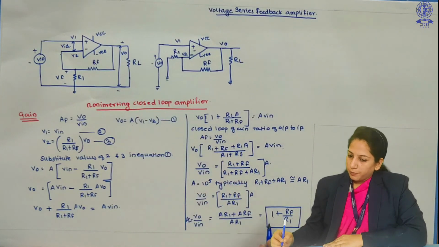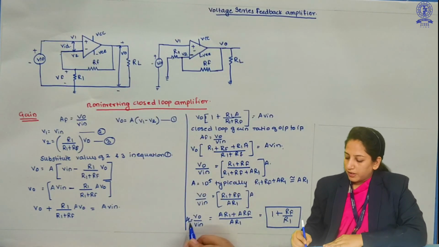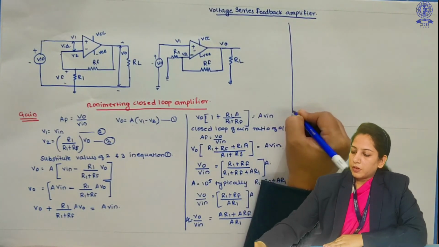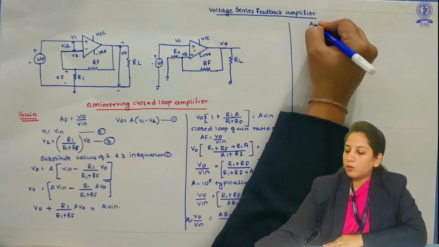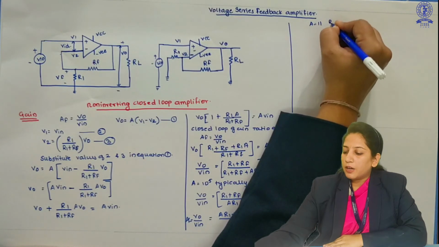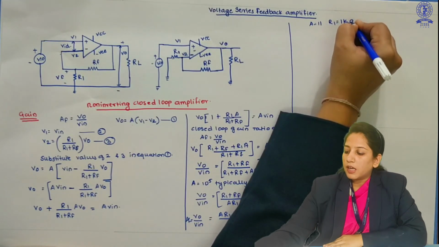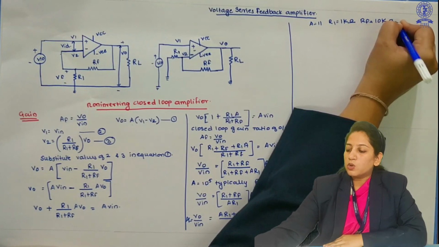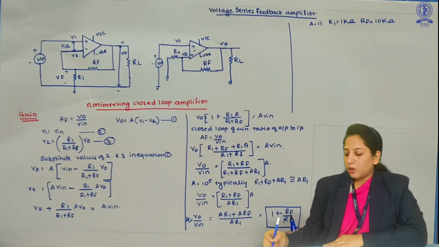That means if I want a gain of 11, then my R1 should be 1 kilo ohm and RF should be 10 kilo ohms. So in this way we may calculate or adjust our gain by adjusting RF and R1.